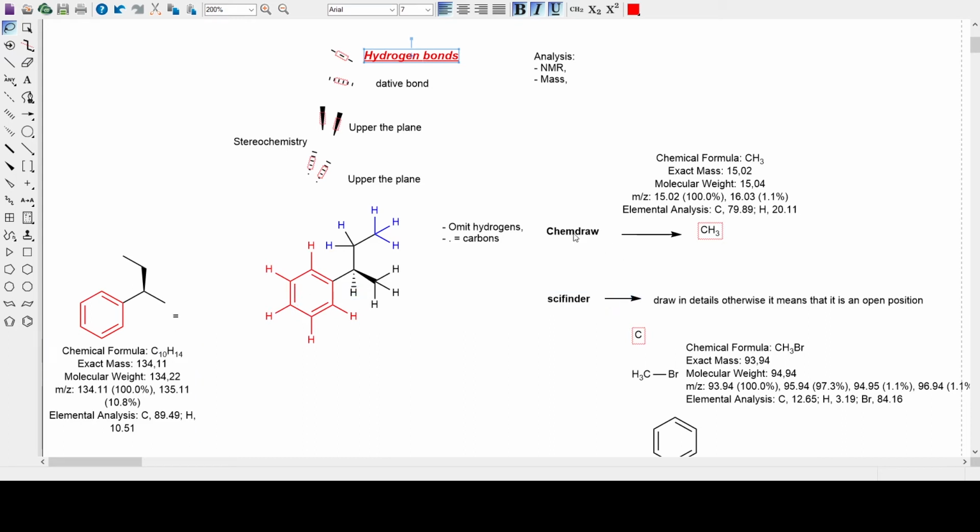As I was saying, in Chemdraw, it omits the hydrogen and the carbon. A carbon is like a point. This point is carbon. And here you think that it omits the hydrogen, that means you have two hydrogens. And the one that is below, it's a hydrogen, okay? So it gives you the stereochemistry. Stereochemistry is very, very important.